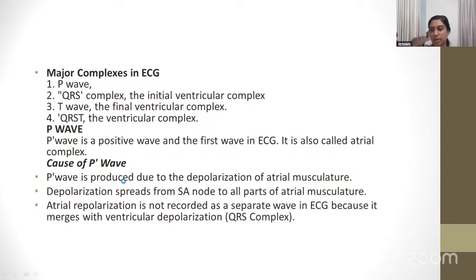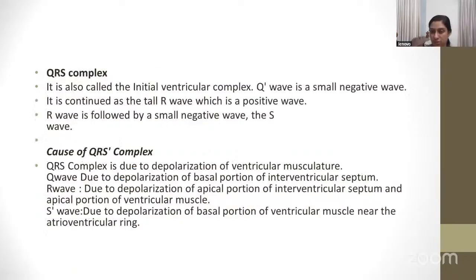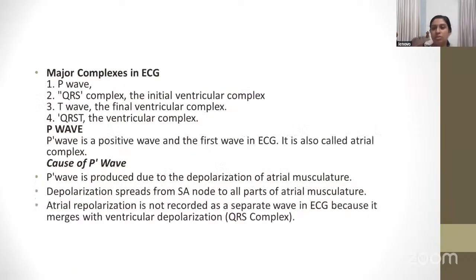We have learned about the action potential. What is an action potential? Initially, there is a wave of depolarization followed by repolarization and then the resting state. Those are the parts of the action potential.